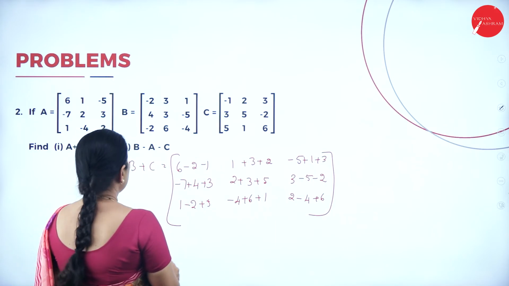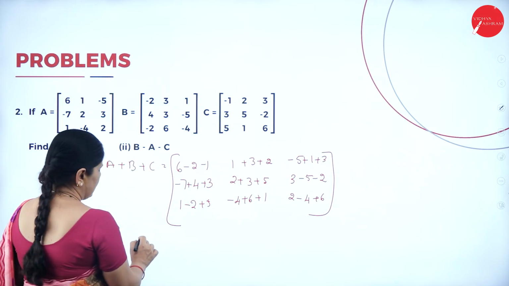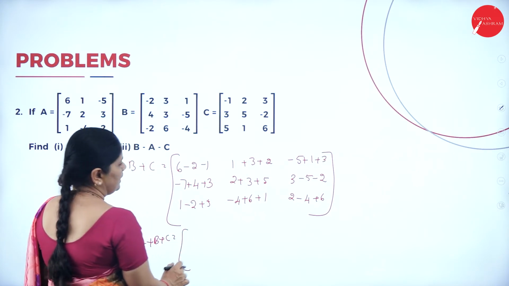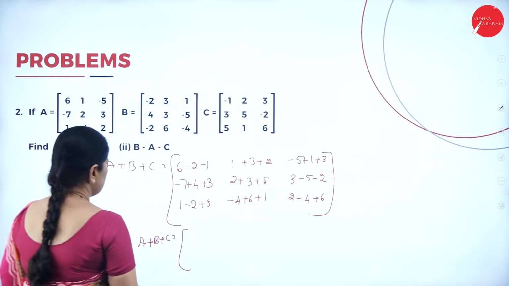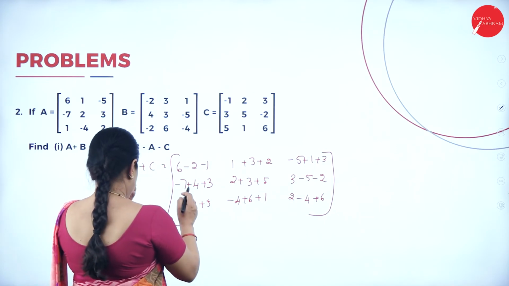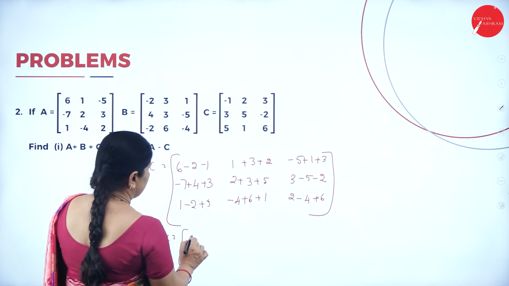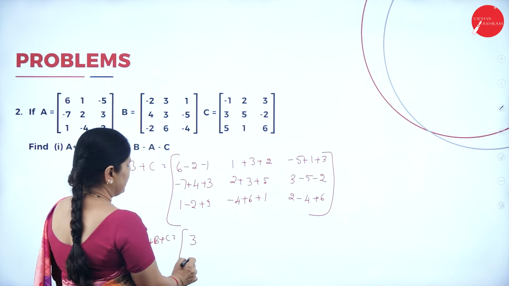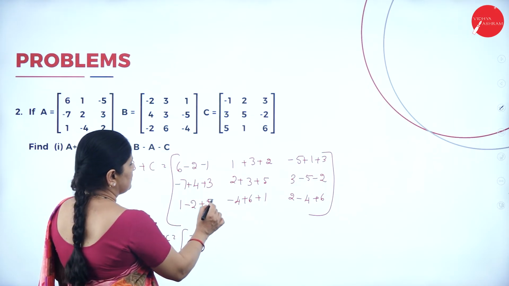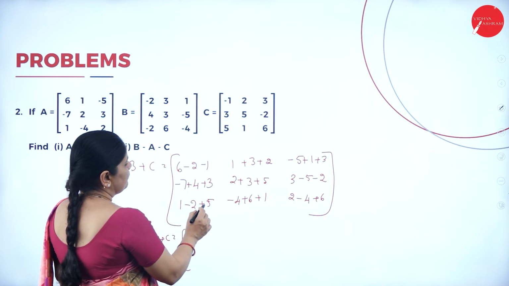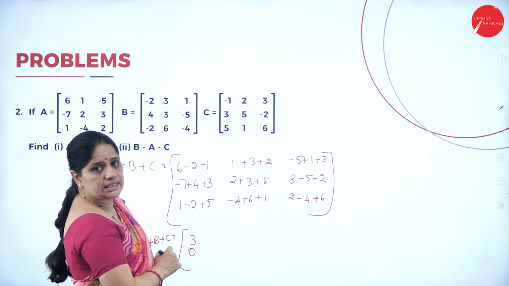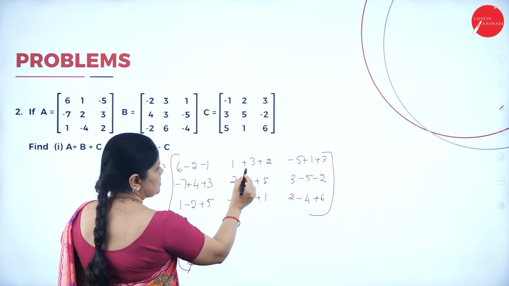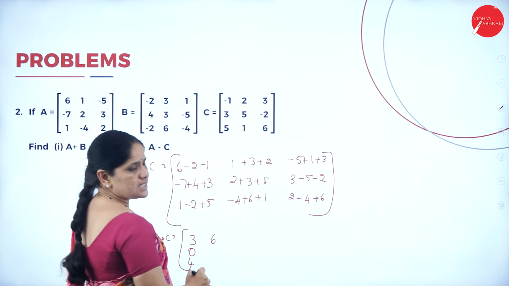Now we simplify this. So A plus B plus C will be equal to 6 minus 3, which is 3, minus 7 plus 7, 0. So this will be 5 minus 2 is 3 plus 1 is 4. 3 plus 2, 5 plus 1 is 6.